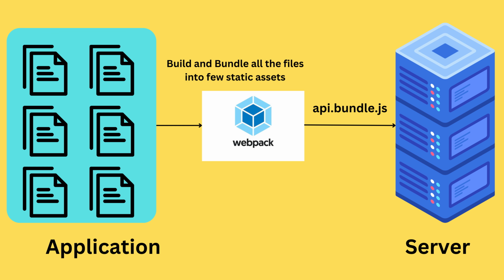For example, here in our Node.js REST API, when you build the application, we take all the files under that source folder, and it will generate only one file which is called API bundle.js, and this file will be placed into the server. When this file is placed into the server, all you need to do is run node API bundle.js, and your application is up and running.